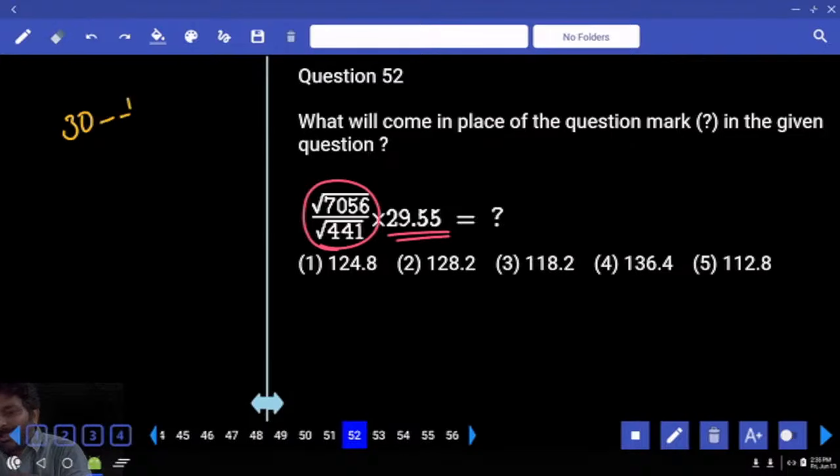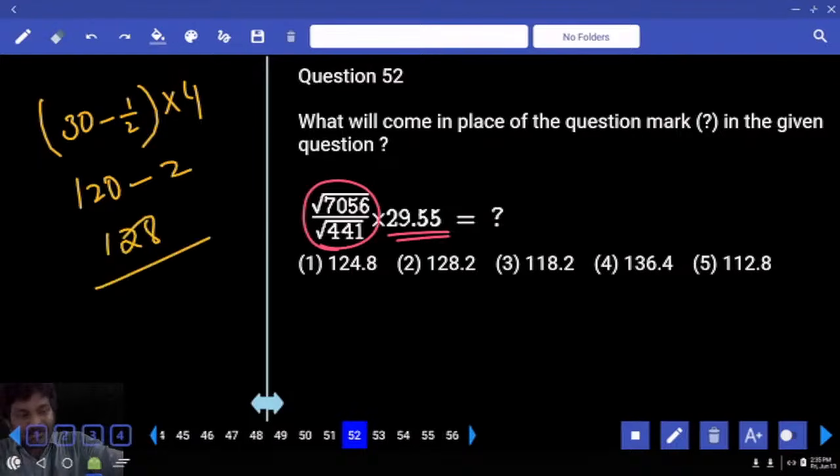30 minus approximately half into 4. 120 minus 2. Approximately. Second option. Huh?